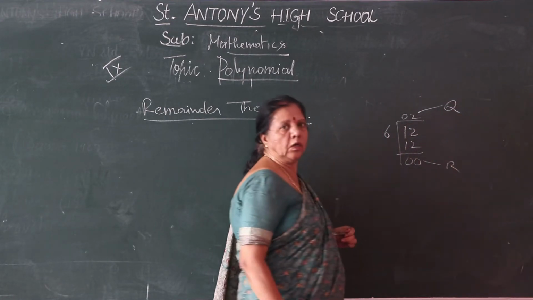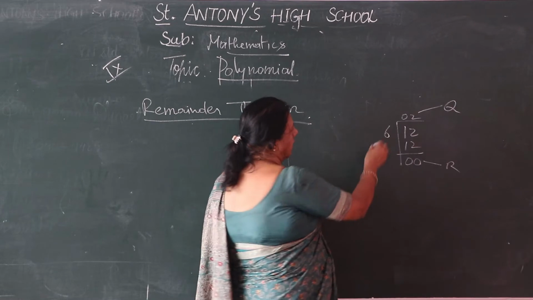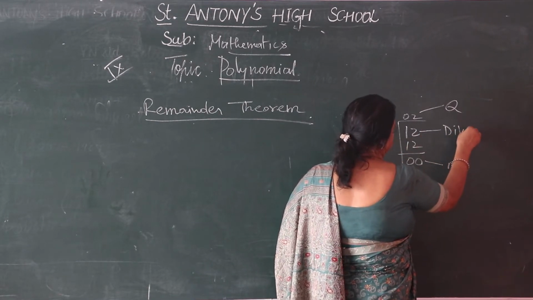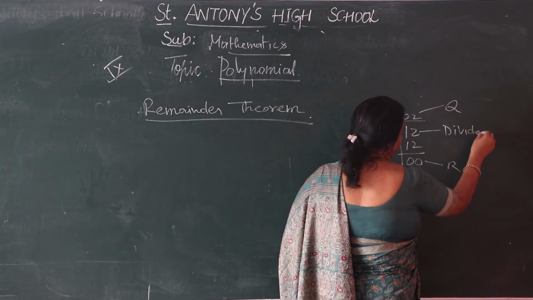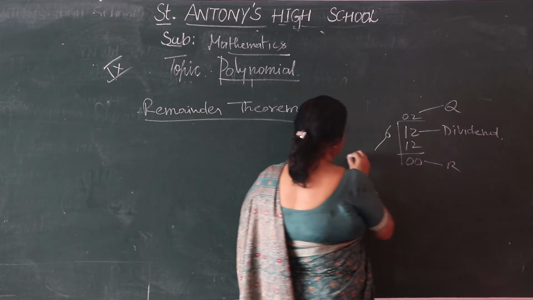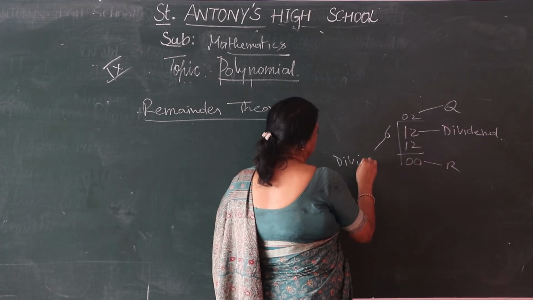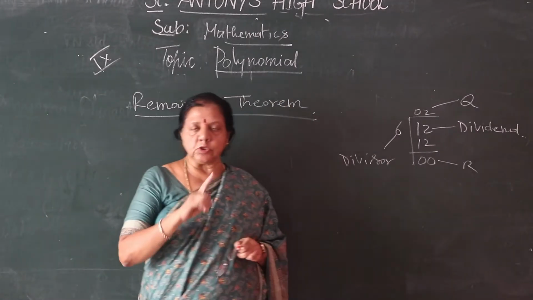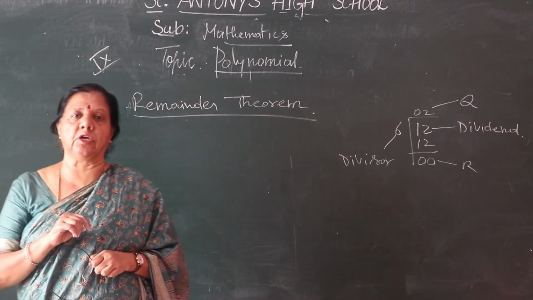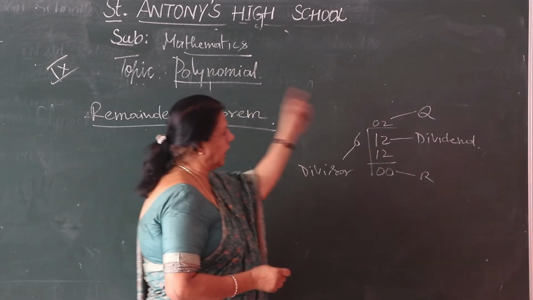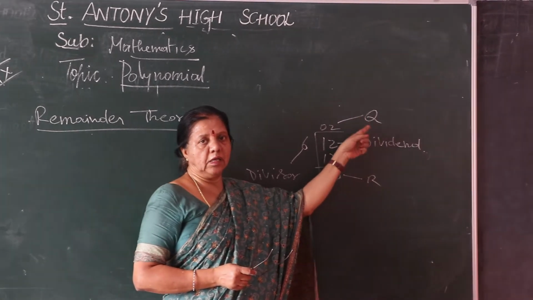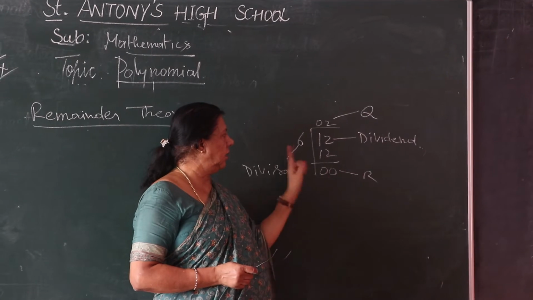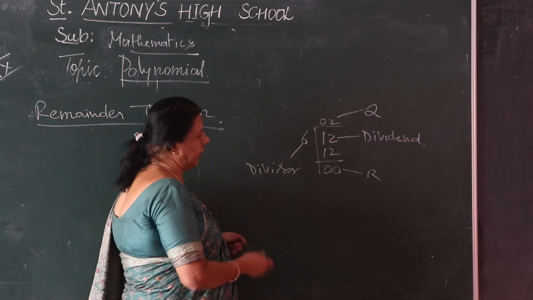What is this? This is dividend. This is a divisor. You must know these elements of the division. So the result is quotient. This is a dividend. This is a remainder. This is a divisor. What is dividend?